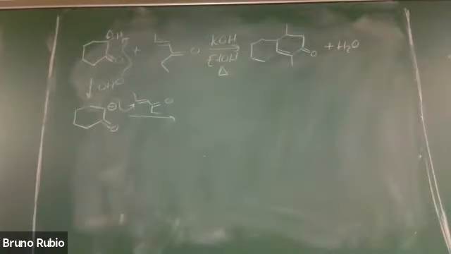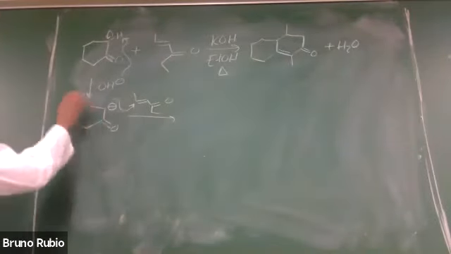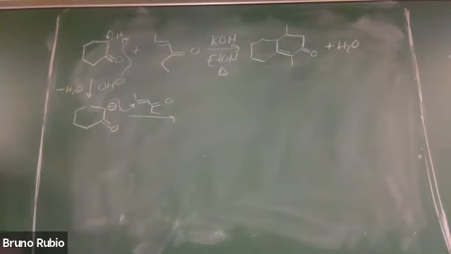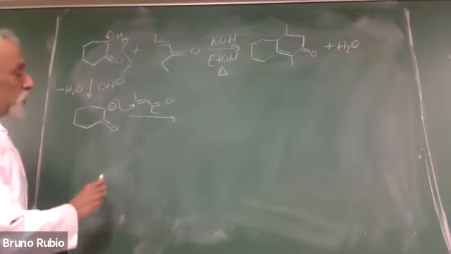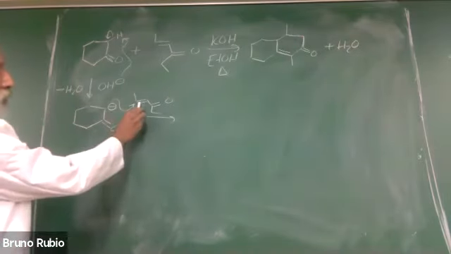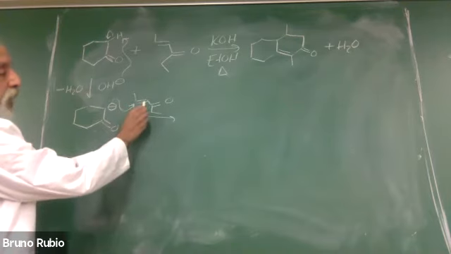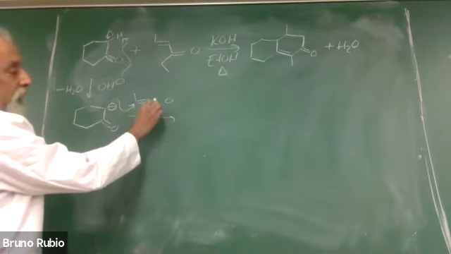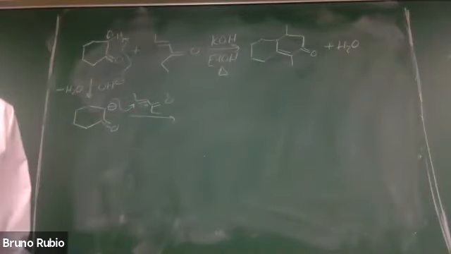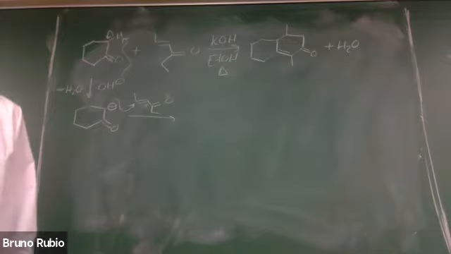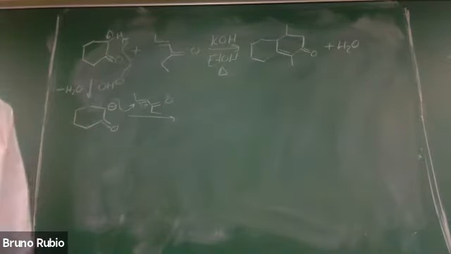Now, as far as writing a mechanism is concerned here, oh, and this made water, by the way. As far as writing a mechanism is concerned, you can get really bogged down writing all kinds of resonance structures and stuff. So one thing you could do is push this bond over here and then push this bond over there. You could do that, but that's just a bunch of... okay, let's do it.